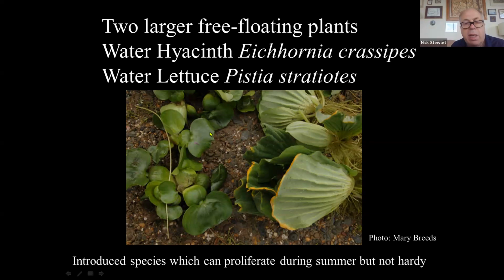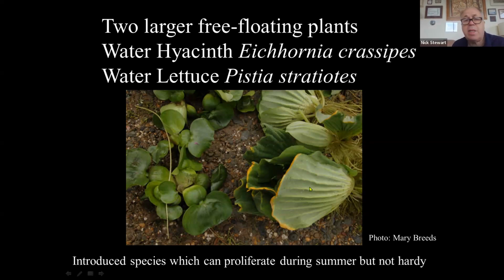No flowers or anything that I'm aware of in Britain and Ireland. It's not a common introduction, but you do come across it occasionally. And the other one is the water lettuce or water cabbage. I'm not quite sure which is the proper English name for it, which is this one on the right.